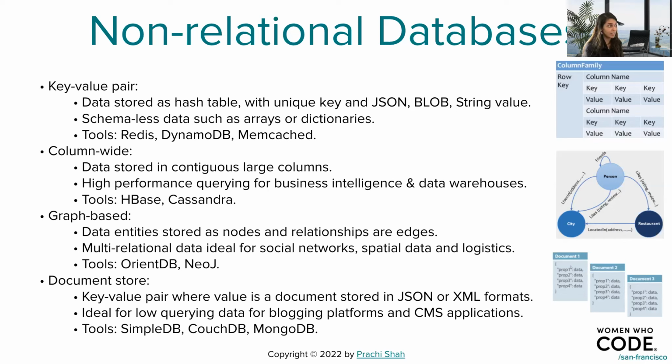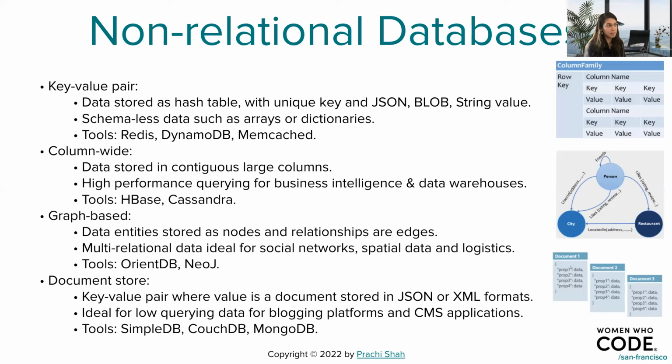This kind of database is basically optimized for business intelligence and data warehousing needs, and is designed for querying. So they are optimized for improved query performance. If you have data which is more read heavy, and it's not necessarily super structured, you don't need a rigid schema like what we have with a typical relational database, then you can consider Cassandra or HBase, which gives you a slightly different version of the traditional row column structure.